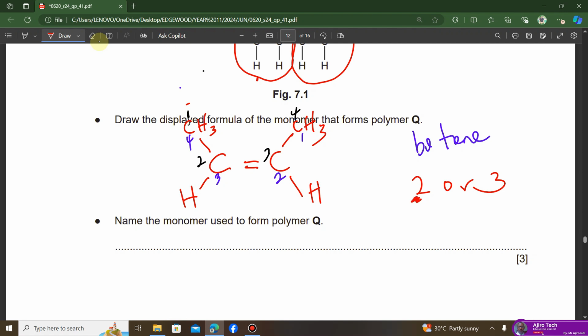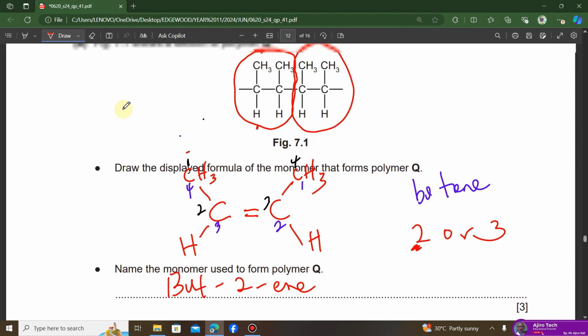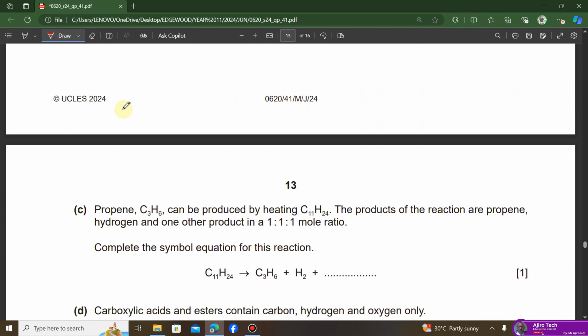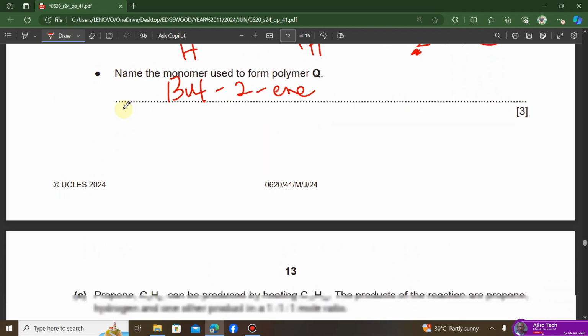So we're going to go with the lowest number here, and therefore this monomer is going to be named but-2-ene, not but-3-ene, not butene. So just by numbering, you see that the double bond is directly attached to the second carbon, and that solves this question. Okay, so that is how to go about that question.